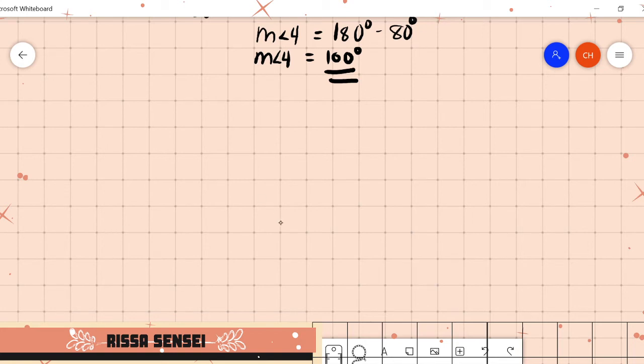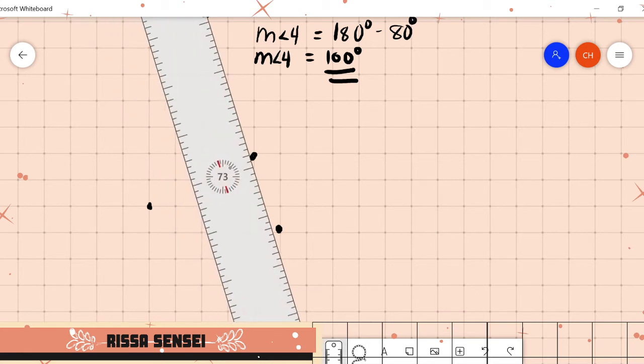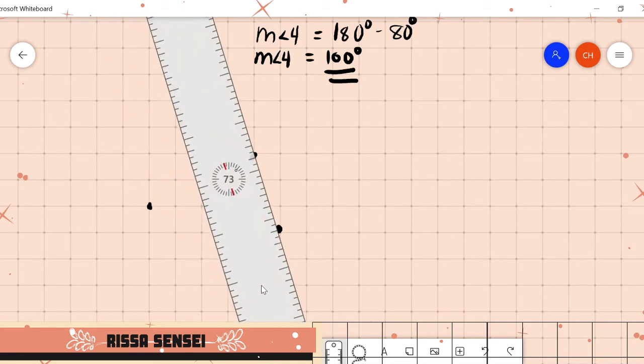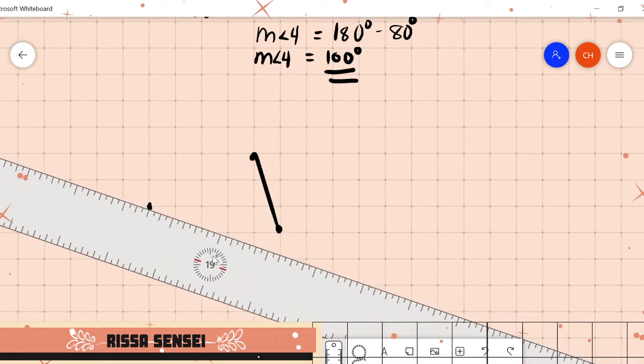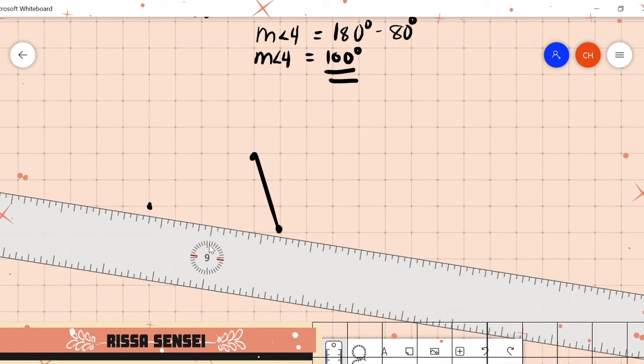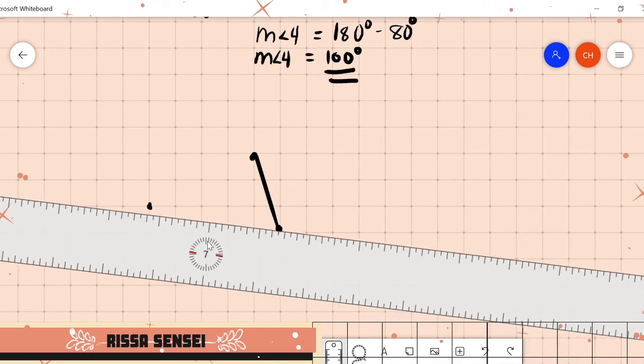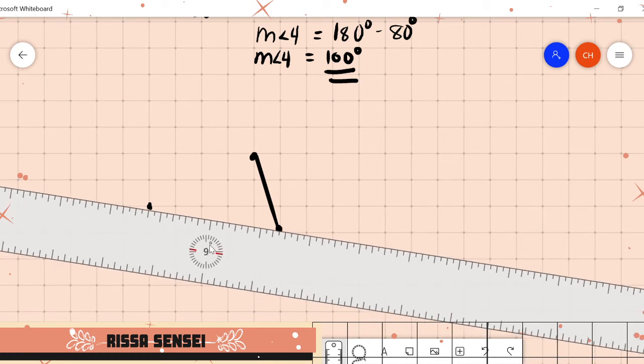Ayan, so magdodraw lang tayo ulit ng triangle. Thank you for being patient.